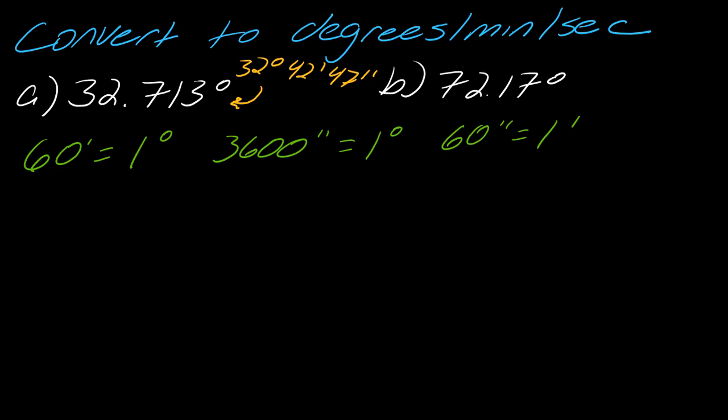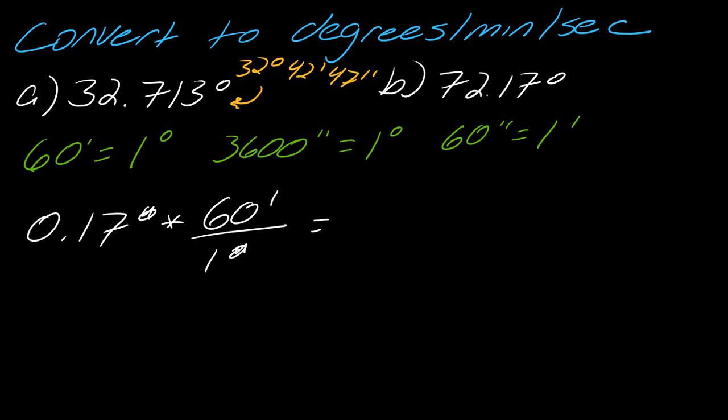So I've got this 0.17, so I'm going to start with the 0.17 degrees, and once again I'm going to convert from degrees to minutes. There are 60 minutes in 1 degree, so my degrees will cancel out. So 0.17 times 60 is going to give me 10.2 minutes.